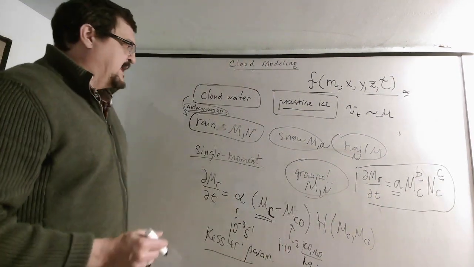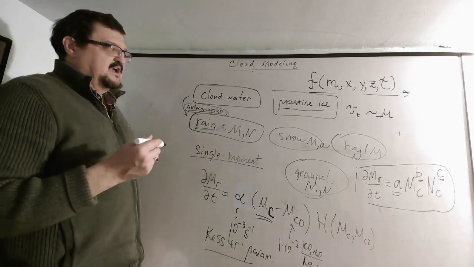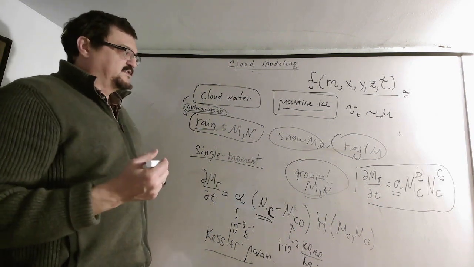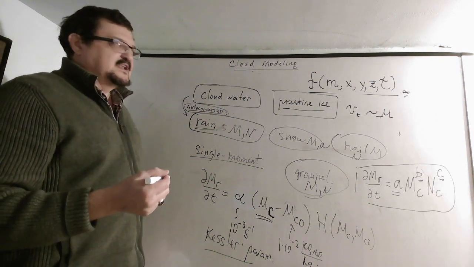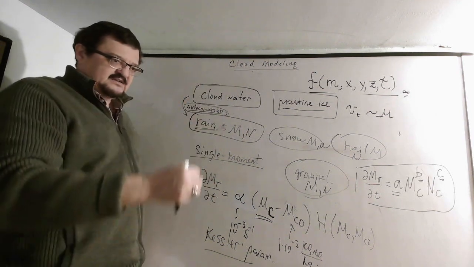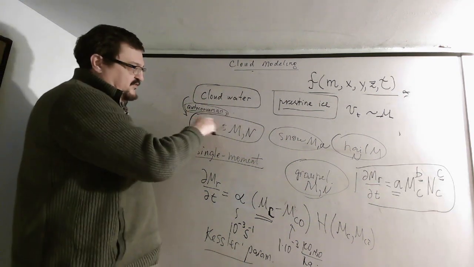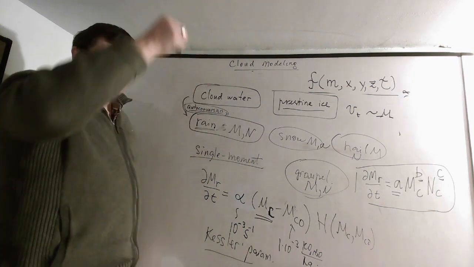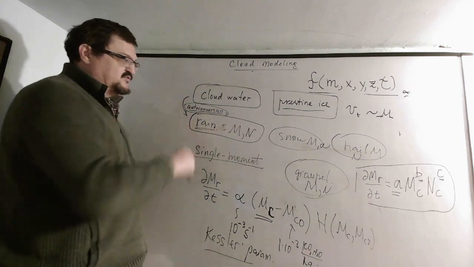Another process by which rain can grow is by collecting cloud water. This process is called collision coalescence, and you can also model it by so-called continuous collection, when you compute the total area of these shafts that rain particles fall through, and then if you know the distribution of rain particles by size, for example, you can compute how many droplets these falling particles sweep, and that's how fast this rain grows.